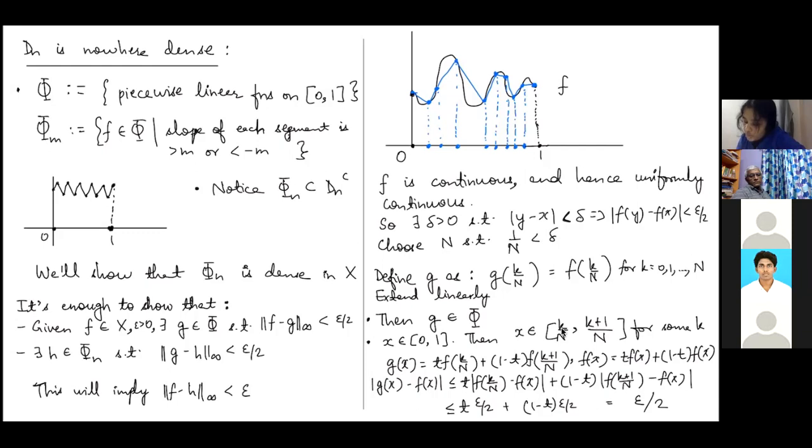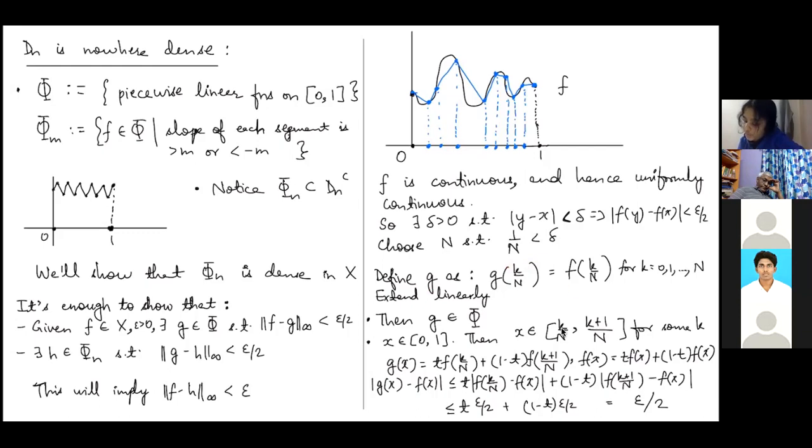We'll pick these blue dots to be equally spaced. In this diagram they're not equally spaced, but in the construction, we'll space them equally. So these blue dots will be all points of the form k by n, all at distance 1 by n from each other. And once we have them, we'll do what I said earlier. So we'll define g.